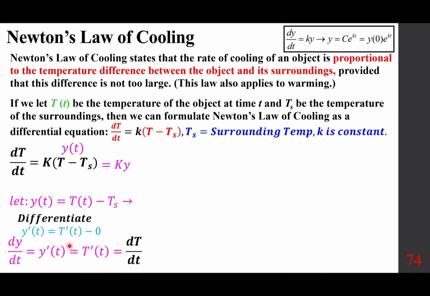This is a different way of writing it. So dy/dt, or dT/dt, is ky. And so dy/dt is ky, and y is c e to the power of kt, or y sub 0 e to the power of kt.